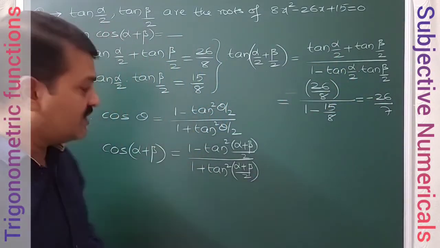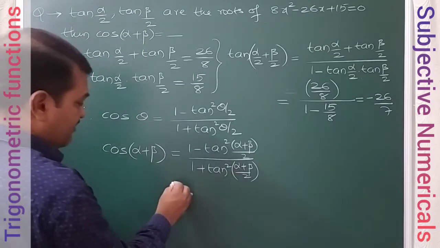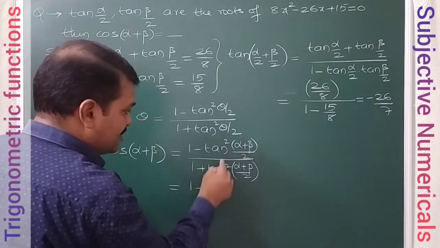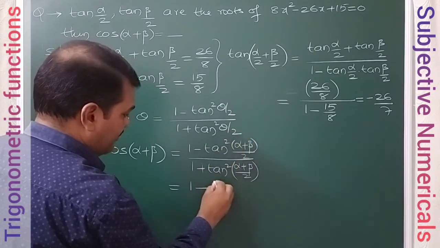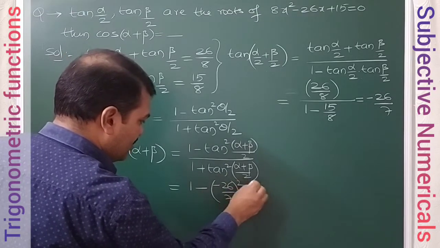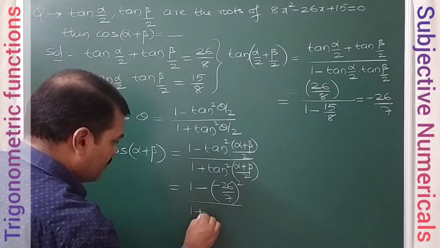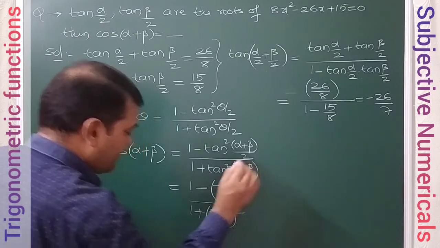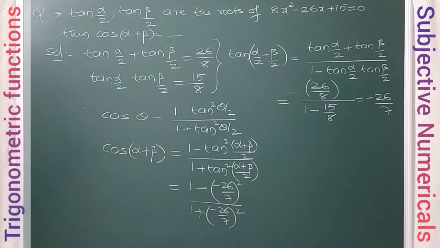Here, therefore, we will get 1 minus 26 by 7 whole square. Of course, since the whole square is there, you can remove the minus. So 1 plus 26 by 7 whole square in the denominator. Now you can take LCM and simplify this.